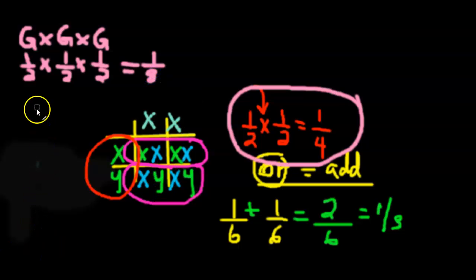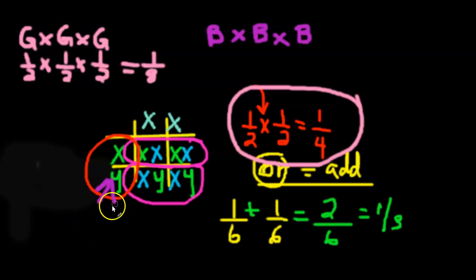So what's the probability that they're all going to be boys? Boy, another boy, and another boy. You remember, it is the father who determines the gender of the offspring because he has a Y to offer, where the mother only has X's. So the probability of the first child being a boy is a half.